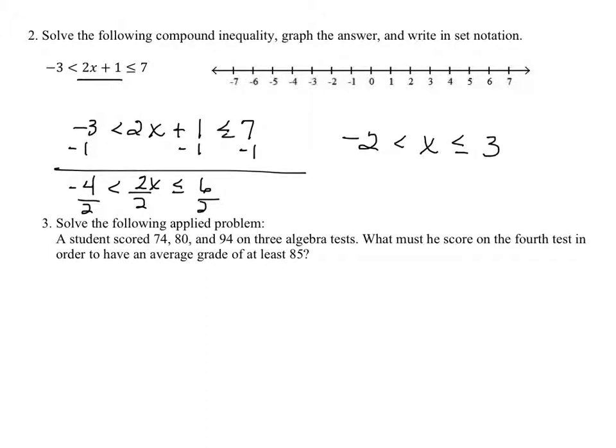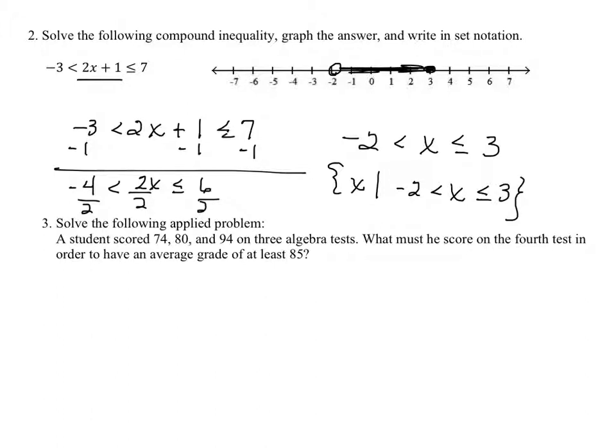Now we just have to do set builder notation, which is wicked easy. Good. And now we graph. Open hole at negative 2, closed hole at 3, and then we fill it in between. Done.